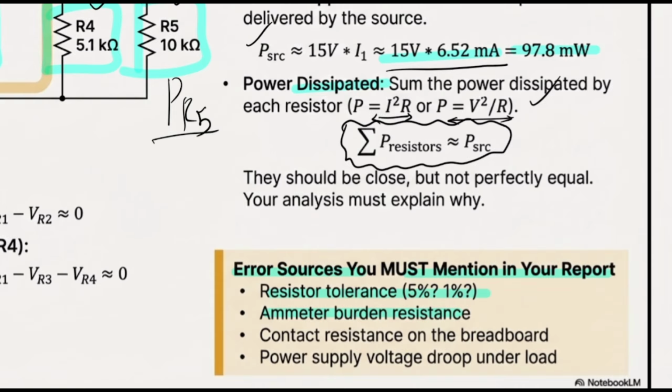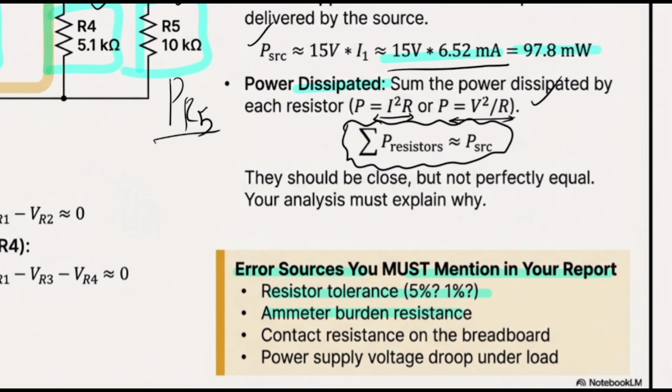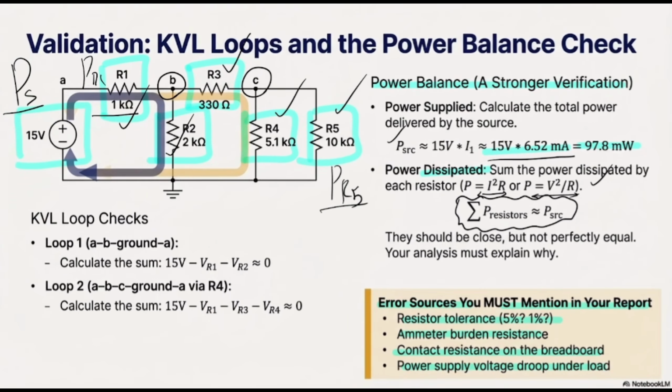Yes, it is so small, but it still has a little bit of effect on your whole measurement. Contact resistance on the breadboard. So obviously in the breadboard and in the jumpers, you have a couple of resistors inside of that. It's not that much, but if you combine all of these errors together, it could be a little bit considerable. And finally, power supply voltage drop under the load. So we know everything about it.